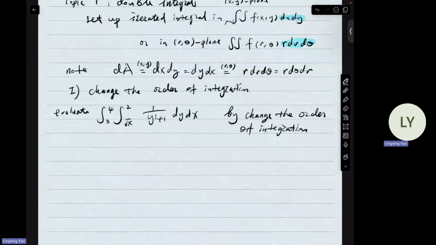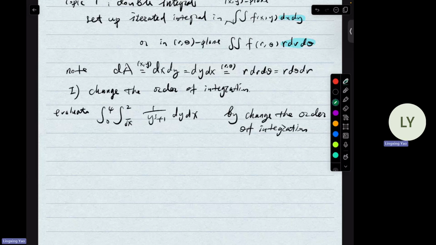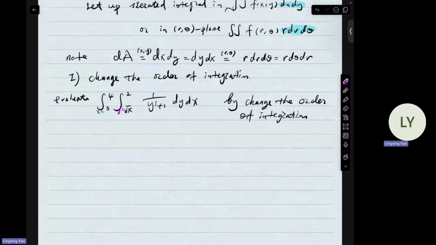You can review this. Essentially, x equals 0 to 4, and y is equal to square root of x to 2, and you have to identify the region, the domain of integration, identify whether it is a type 1 or type 2 region, and then switch the treatment from type 1 to type 2.